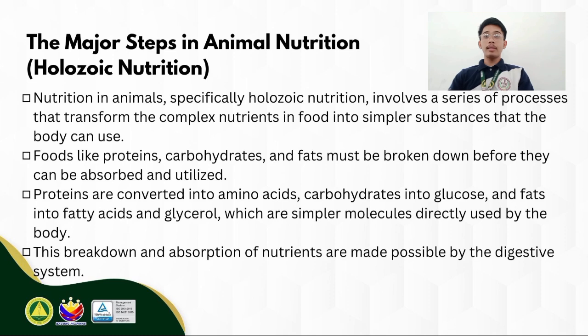The body takes in complex nutrients like proteins, carbohydrates, and fats. These are broken down into simpler forms that the body can absorb and use. For example, proteins break down into amino acids, carbohydrates into glucose, and fats into fatty acids and glycerol. This whole process happens thanks to the digestive system, which transforms food into energy and building blocks for the body to grow and function.